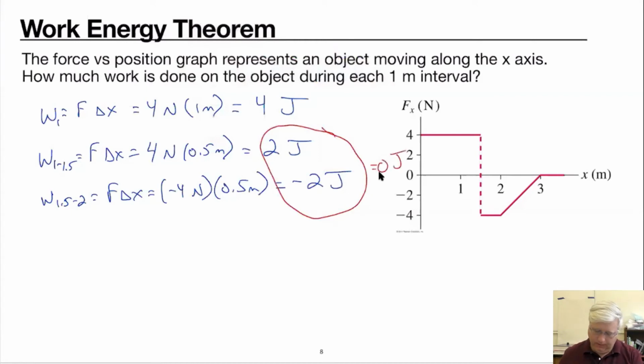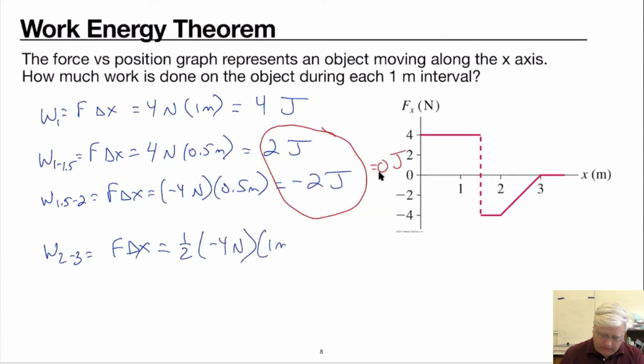And then finally, the work done between 2 meters and 3 meters. Now we see it's not a constant force. It is a varying force, but it's changing at a constant rate. So we can do that by the area, which is just the area of a triangle: 1/2 base times height. The height would be -4 newtons, and that's again a 1 meter interval.